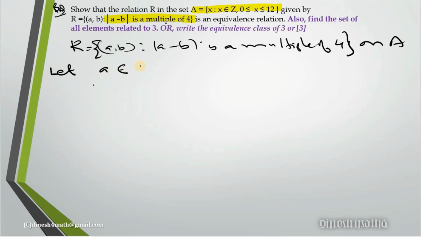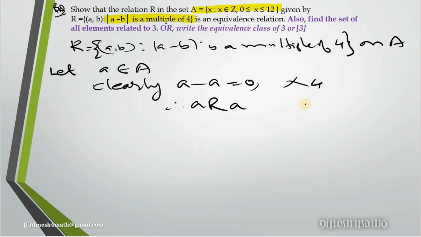So let a be an element in the given set capital A. Then clearly you can say a minus a equals 0, and it is a multiple of 4. Therefore a is related to a for every a in the given set capital A. So R is a reflexive relation.